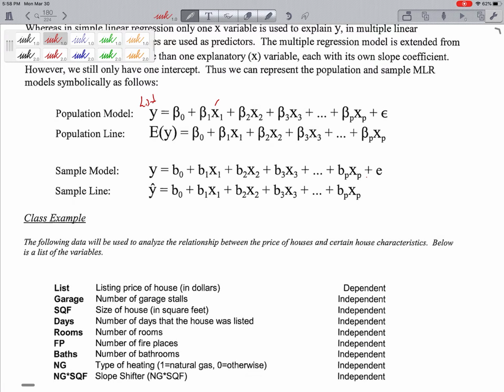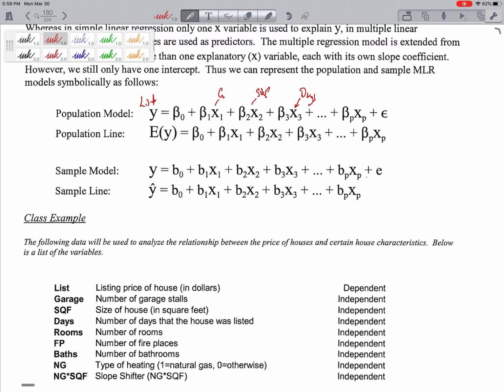The y is going to be the house list price. Maybe we should just call it the price of the house, or I guess list is fine here. Then we've got the number of garage stalls, the size of the house in square feet, and the days on market, and so on. We'll take a look at that in a moment.